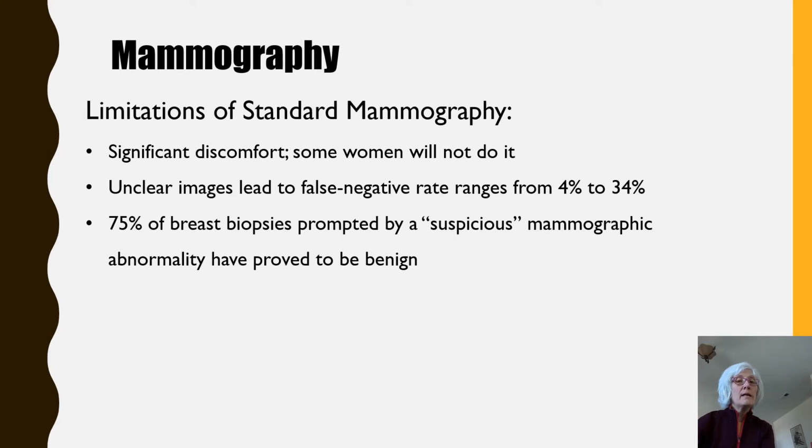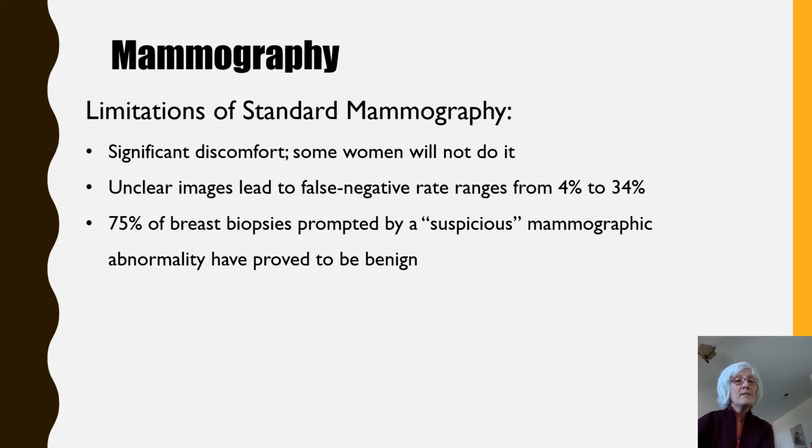That false negative range is anywhere from 4% to 34%. So if it's 34%, that means they're missing roughly a third of the tumors that might be there. The other limitation is that 75% of breast biopsies, so if somebody does see something that looks like a tumor on a mammogram, that is then explored a little further with a breast biopsy, a biopsy of the potential cancerous tissue.